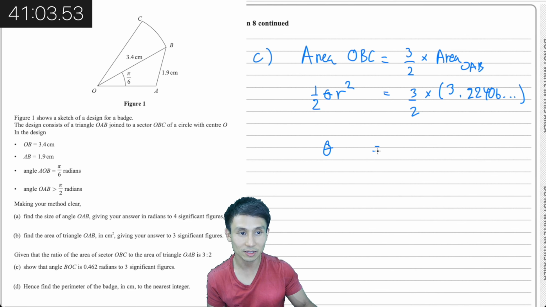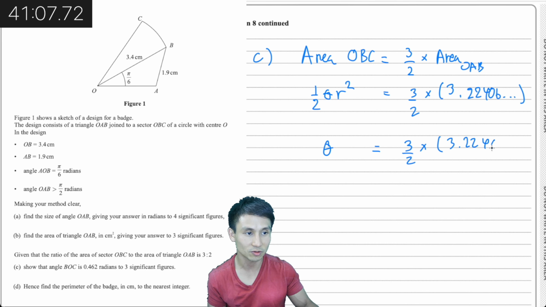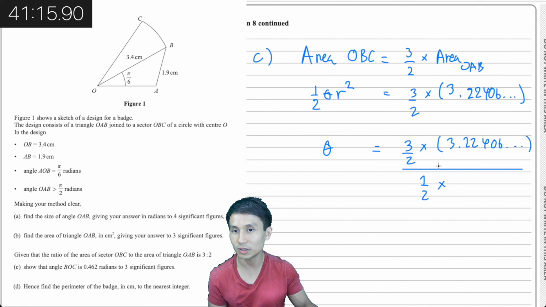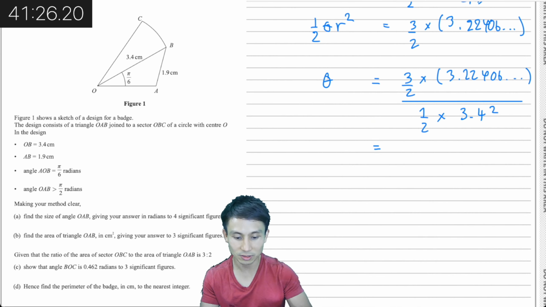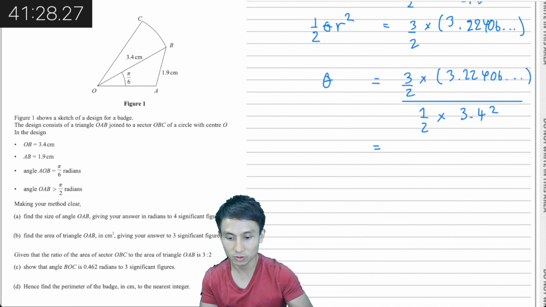So theta equals 3 over 2 times 3.2246... divided by 1/2 times r squared, where r would be OB, which is 3.4 squared. If we plug that in the calculator, we get the answer. So I do equals here to store the answer again, and then fraction, 3 over 2. Uh-oh.